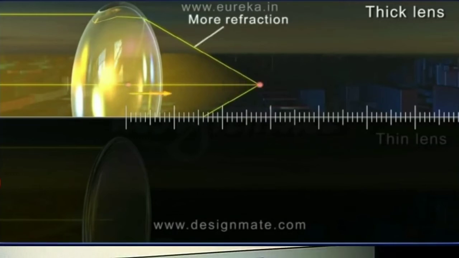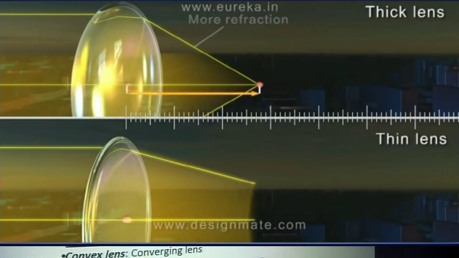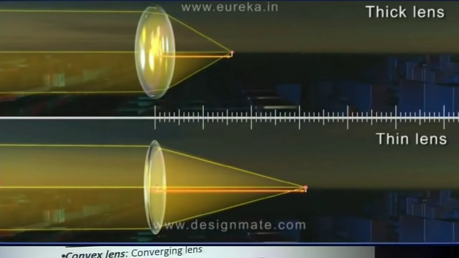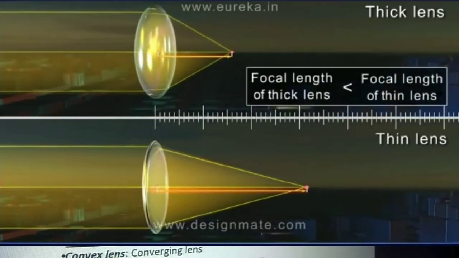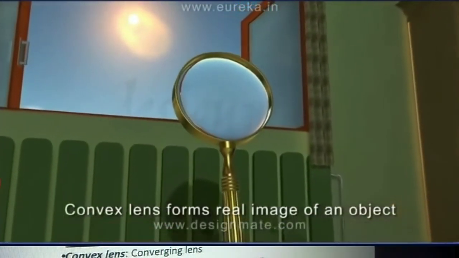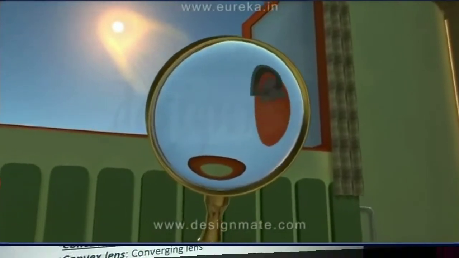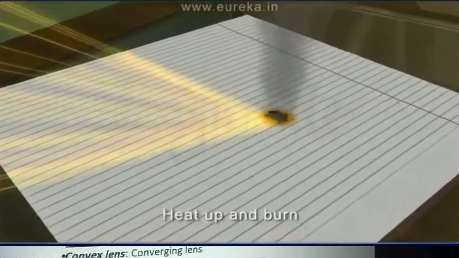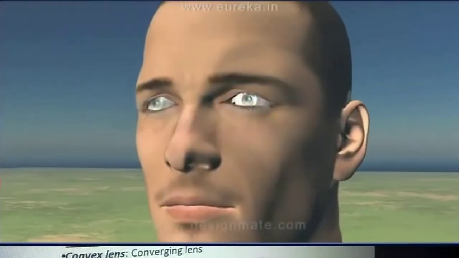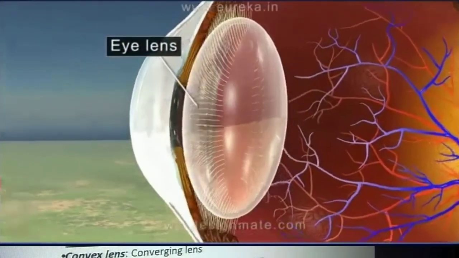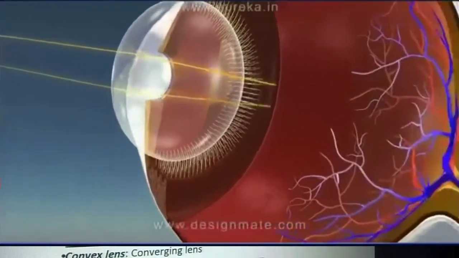Now once again we will see the related terms. The midpoint of the symmetric center or the axis of a spherical lens is known as optical center, and the line passing through the optical center and the center of curvature of the optical device is known as principal axis. Para-axial ray is nothing but the ray very close to the principal axis, and it is always parallel to the optical center.